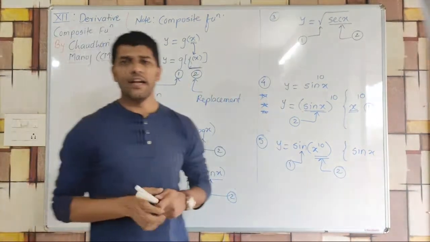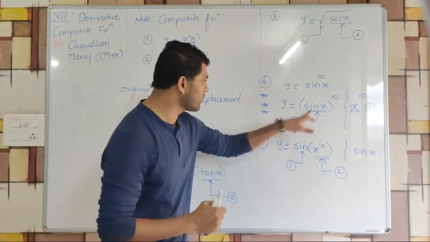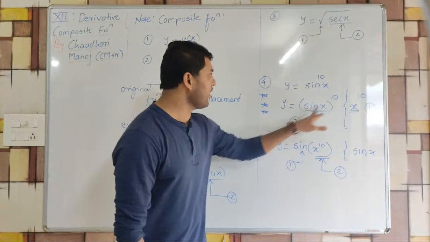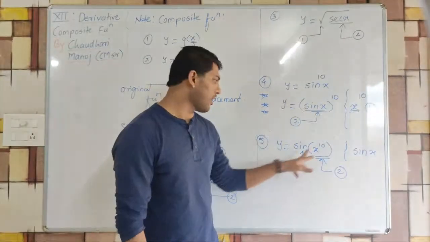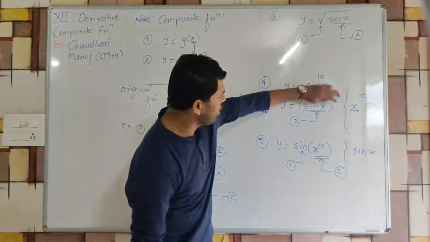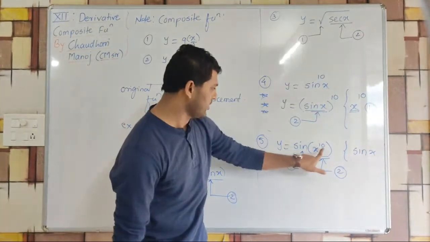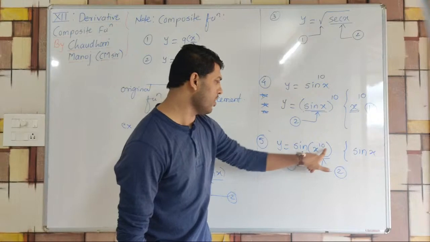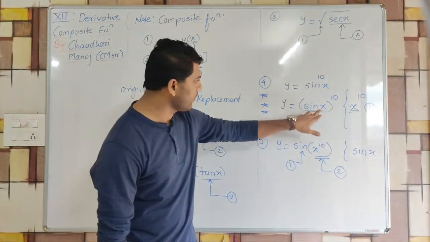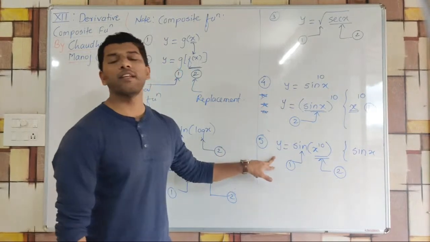It's my request, closely observe these two particular cases. There is a huge difference between sine x raised to 10 and sine of x raised to 10. In one, the index belongs to sine x, but here the index 10 is only assigned to x. So there is a huge difference between case number 4 and case number 5.